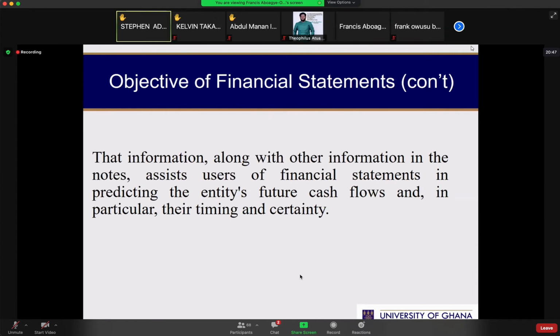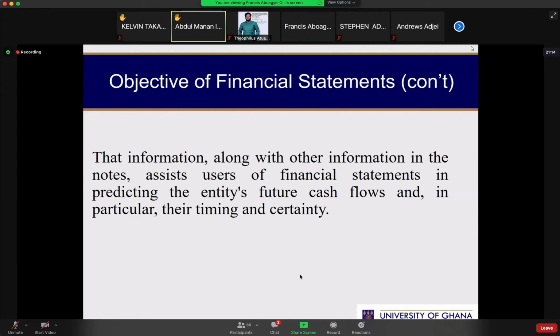In order to know the cash flow part, by controlling the expenditure and unnecessary items for investment. Okay. Yes, Abdul Manan. To know the sort of risk to take at a particular time with regards to the business.